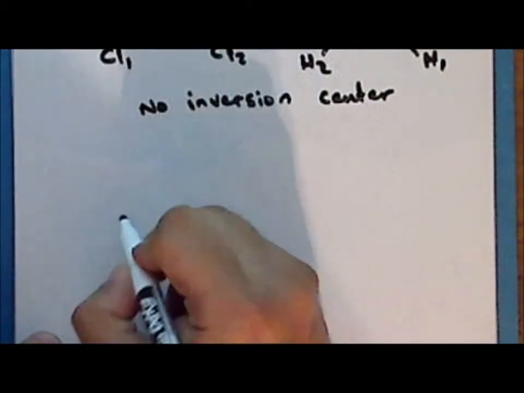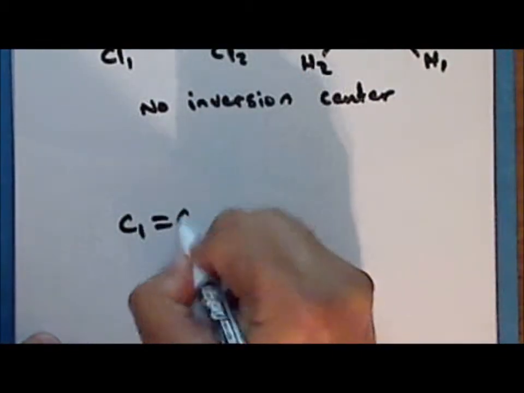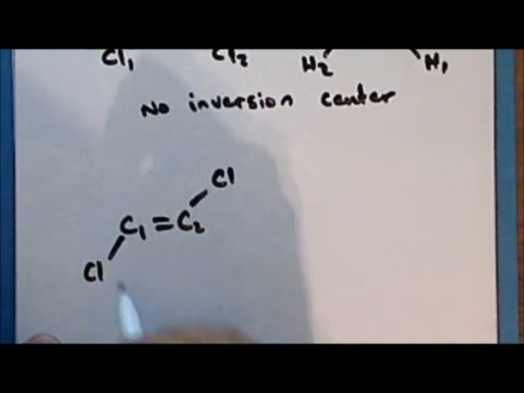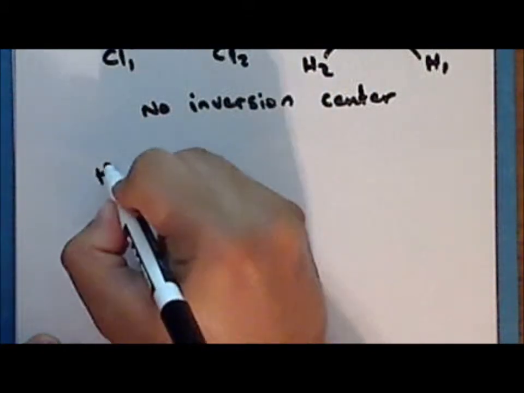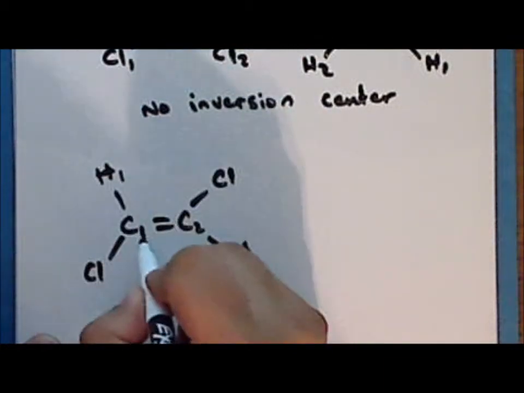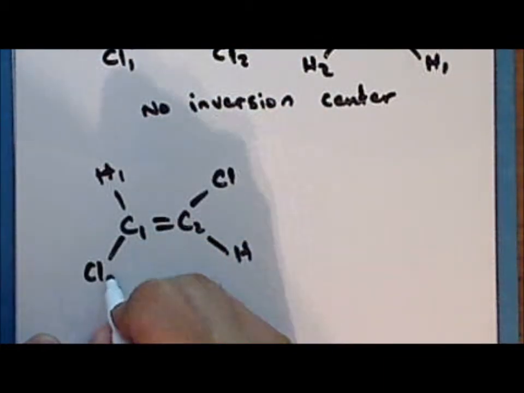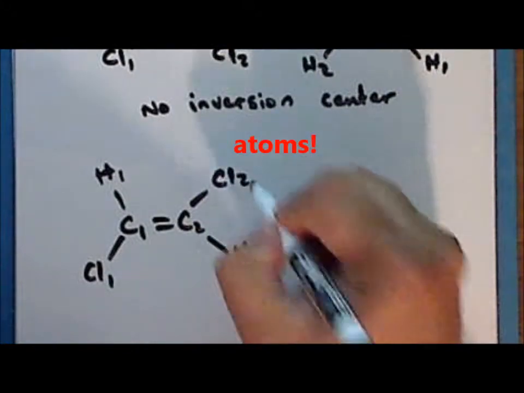So now let's look at the trans 1,2-dichloroethene molecule. And again, we'll label the hydrogen, carbon, and chlorine atoms.